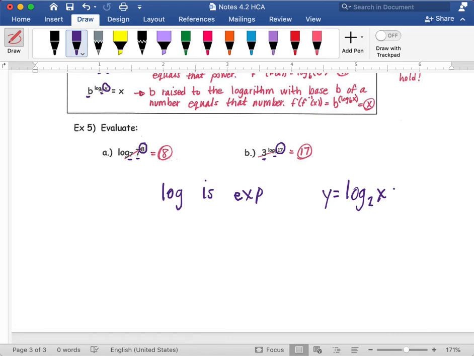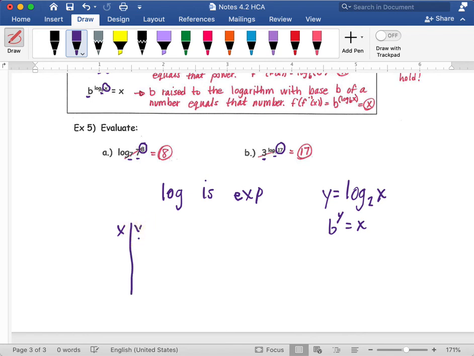So b to the power y equals x. What I'm trying to say here is get the table for the exponential function and switch it, right?